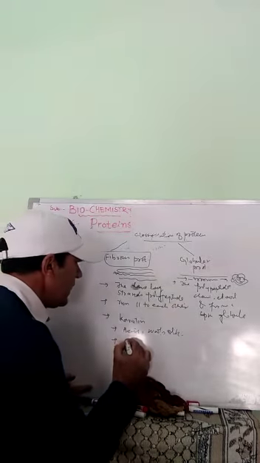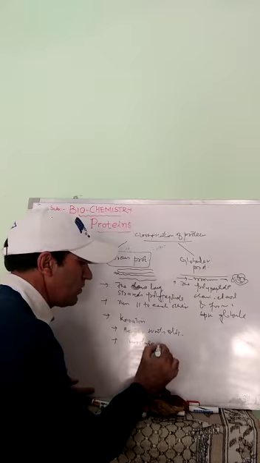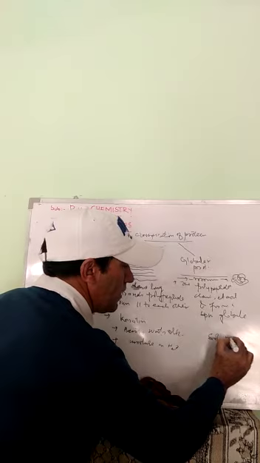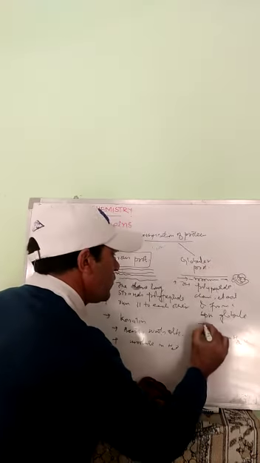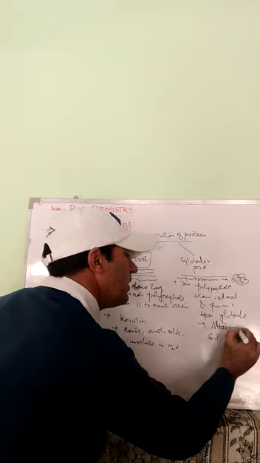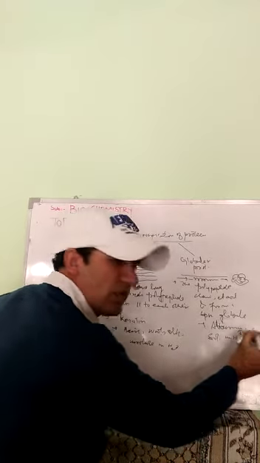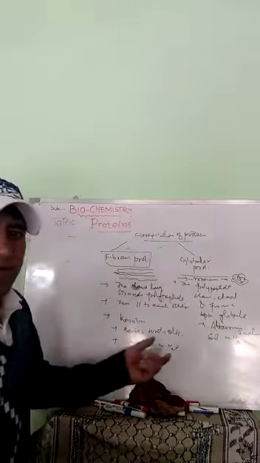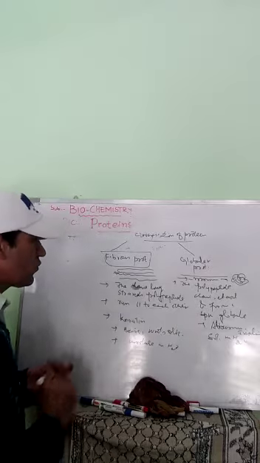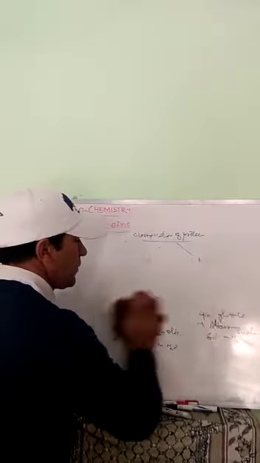No, it means fibrous proteins are insoluble in water, whereas globular proteins are soluble in water. Two examples, albumin and insulin, are examples of globular proteins. So this is all about the classification of proteins.